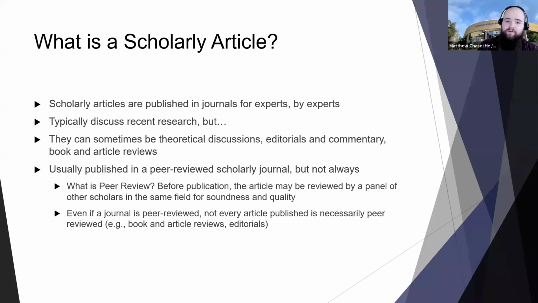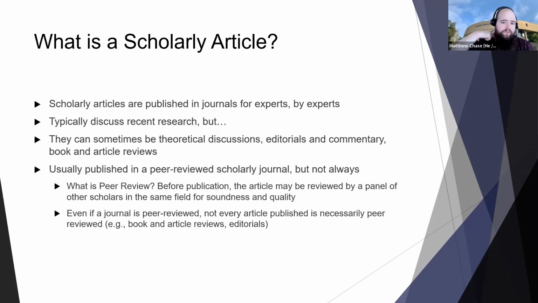Not every scholarly article is a research article. So they can sometimes also be articles about theoretical discussions. They could be an editorial or commentary article, or a book or article review. So they can be these different types of articles, but not necessarily about a research study specifically.